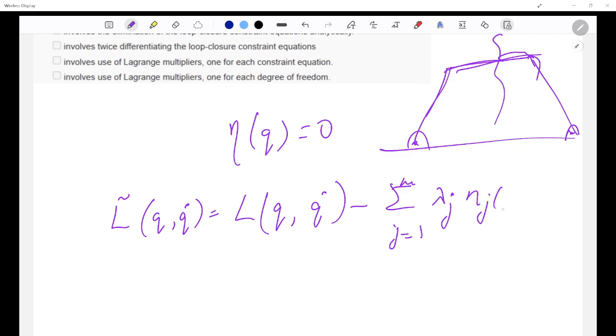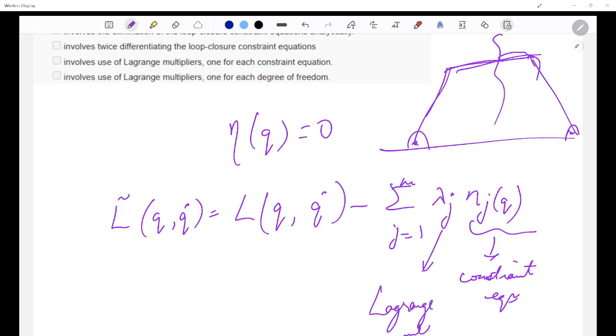So these are the constraint equations, and these are the Lagrange's multipliers. Why Lagrange's multipliers? They represent the constraint forces required to enforce the closed loop geometry. Each constraint equation needs one multiplier, so if we have m constraints, we would need m multipliers.